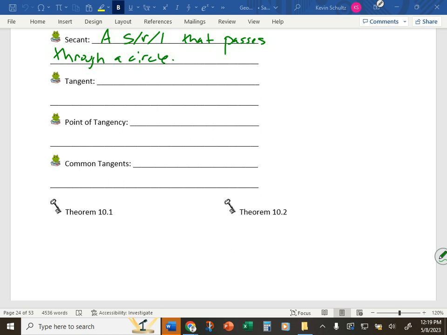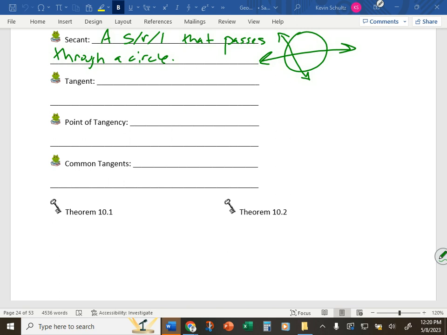So unlike a chord, which must be a segment because its endpoints are on the circle, a secant is a segment, ray, or line that passes directly through. Such as that. Anything that goes through the middle should be marked, and you'll know if something goes through the center if there's a dot in the center of the circle. But this is a secant. This could be a secant here. Anything that passes through.